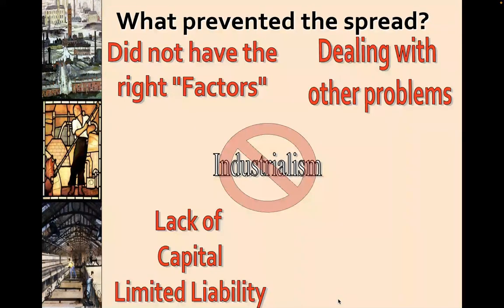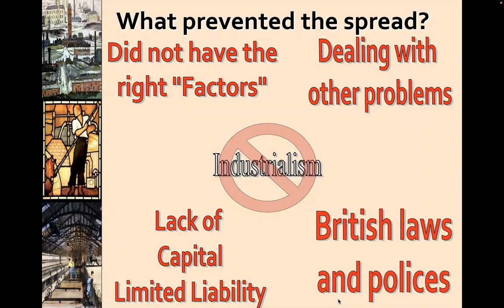Most importantly, even though these areas were very wealthy, the law of limited liability had not been passed yet. The other thing is that British laws and policies prevented the trading of this industrial technology and the migration of industrial workers from England to these areas because they wanted to keep their advantage.